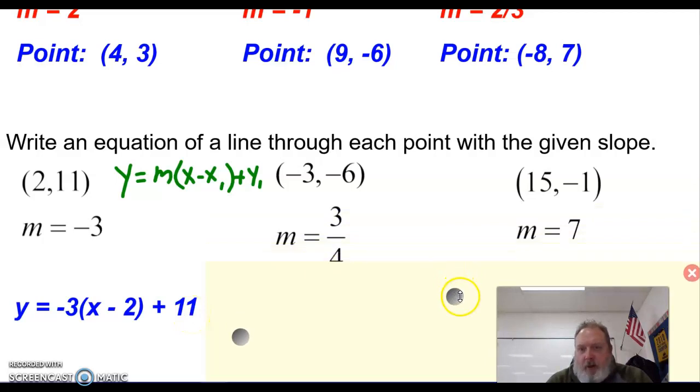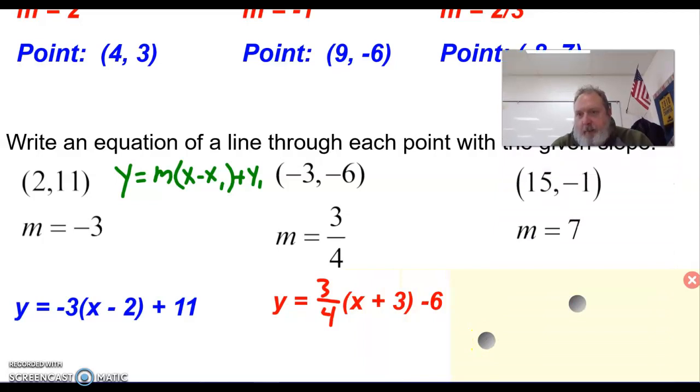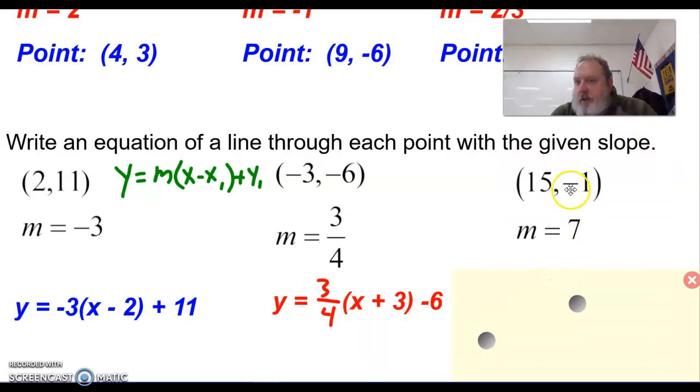So the middle one, our slope is 3/4. So we will have y equals 3/4, x minus this number, so x plus 3, and then this value will go at the end. So x plus 3 minus 6. And our last one, here's our point, here's our slope.